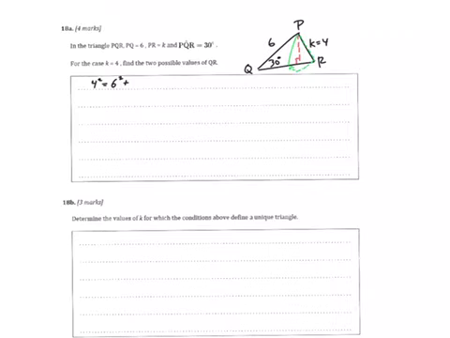The one side that I do know is 6, and QR I don't know. That'll be a squared plus b squared minus 2ab cosine of the angle between. All right, I'm going to go off camera for a second, simplify a few things, and come back and talk you through it.